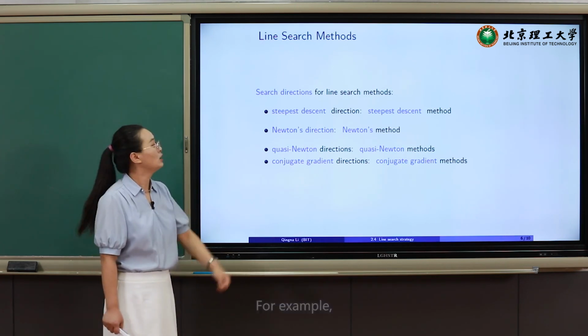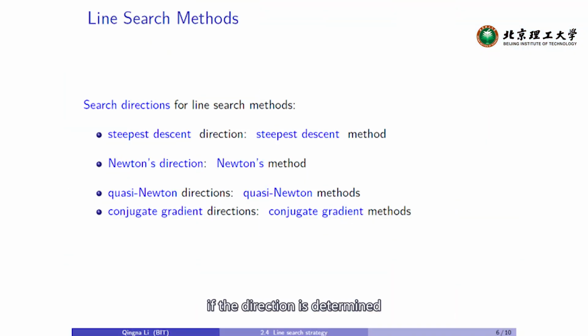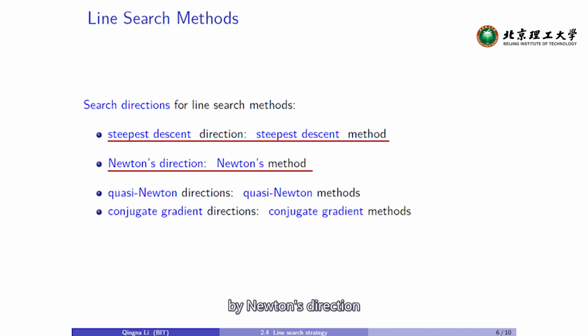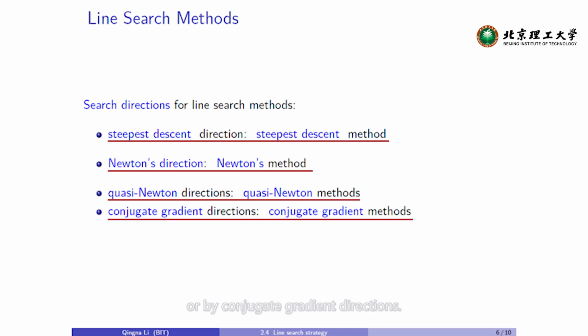For example, if the direction is determined by the steepest descent direction, then the resulting method is called the steepest descent method. Similarly, we can also determine the direction by Newton's direction, or by quasi-Newton directions, or by conjugate gradient directions. So there are different ways to determine the directions.